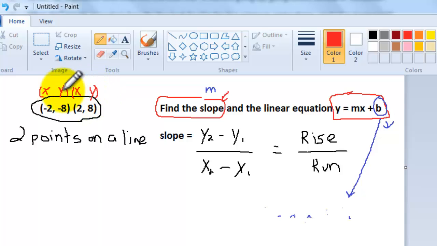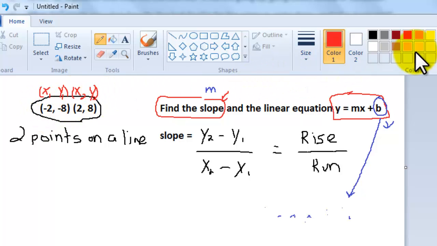But you label it. This is the first point, so this is x1 and y1. This is the second point, so it's x2, y2.